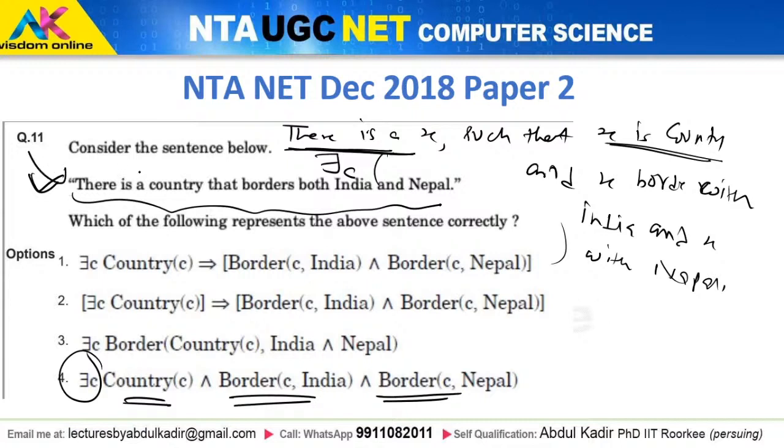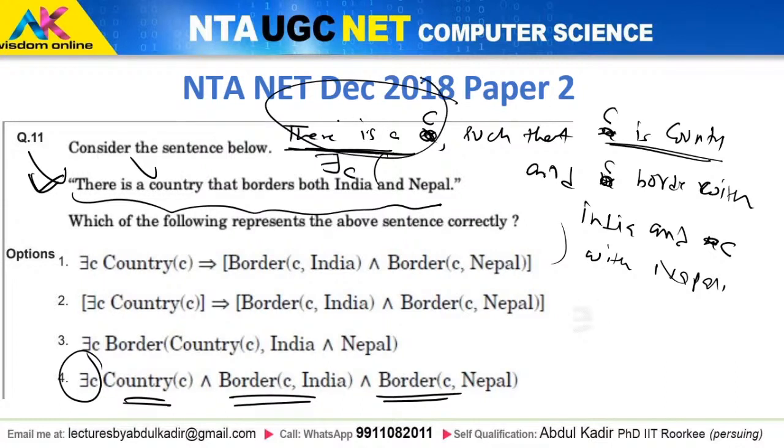Did you get it? Basically this given statement, you can rewrite. After rewriting, there exists a C such that C is a country, and C borders with India, and C borders with Nepal. Now you can convert it.